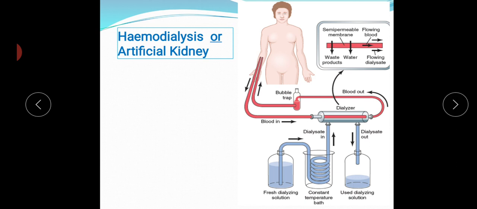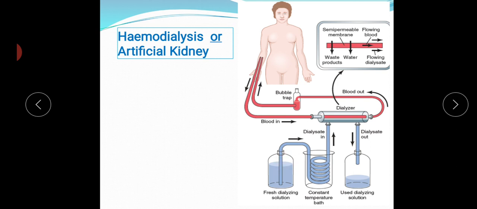The basic principle of dialysis is that the blood passes through minute channels through this membrane, and on either side of the membrane there is a dialysing fluid. This dialysing fluid does not contain plasma proteins.